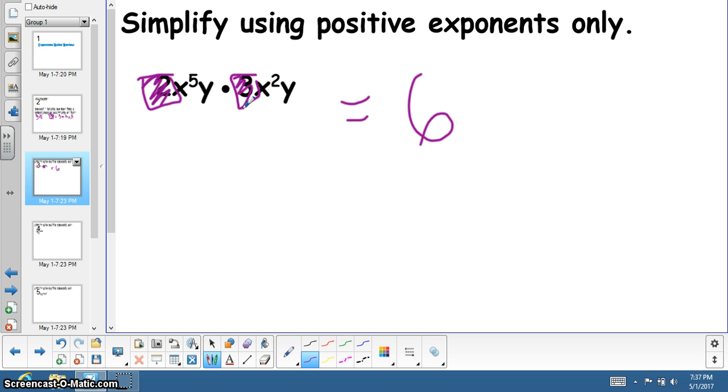Now we have x to the 5th here and x squared here. And the rule says when you're multiplying same base exponents, you add the exponents. So we should get x to the 7th. Why? Because 5 plus 2 equals 7. We also have the same base y.